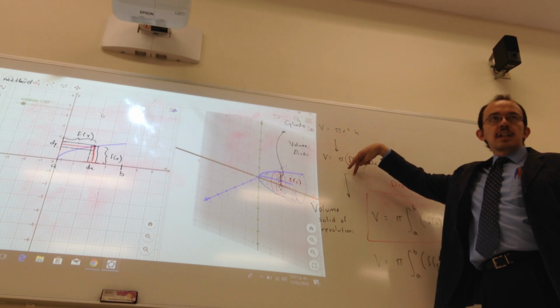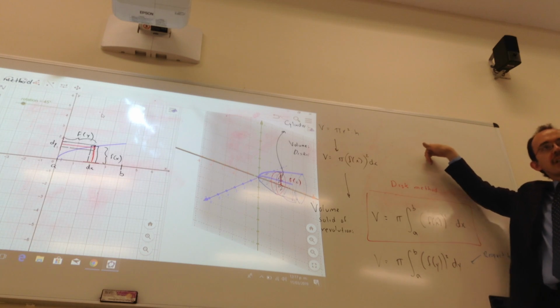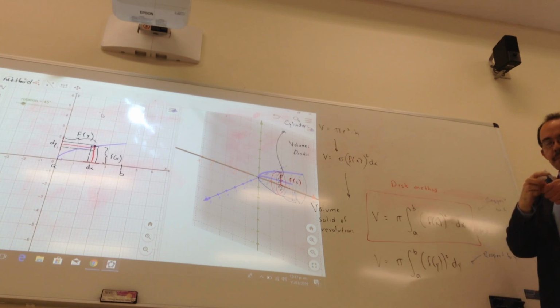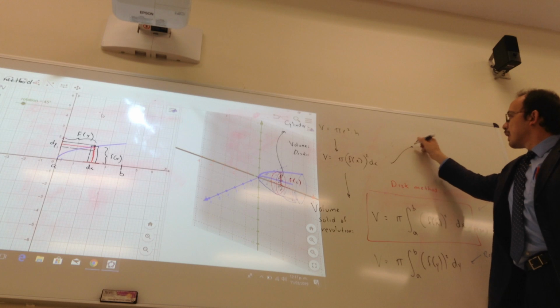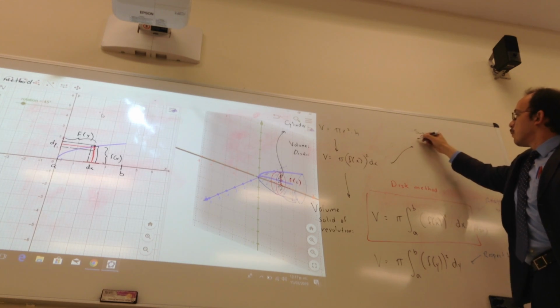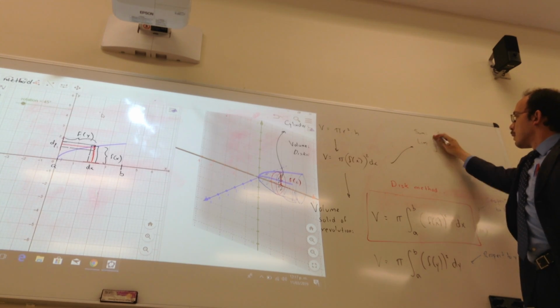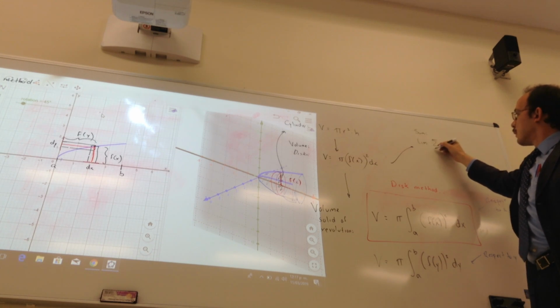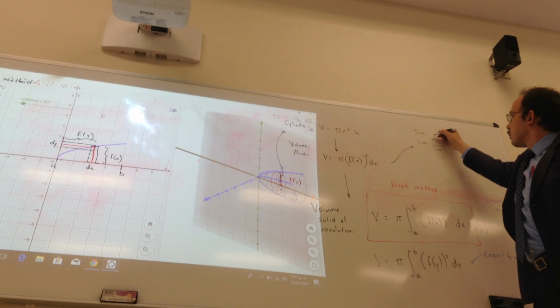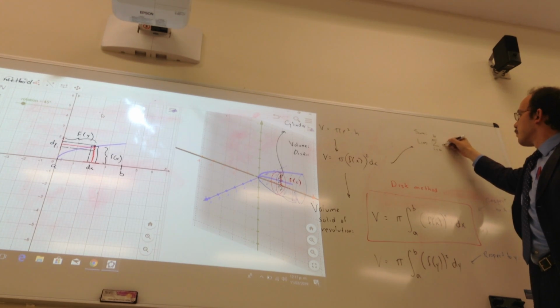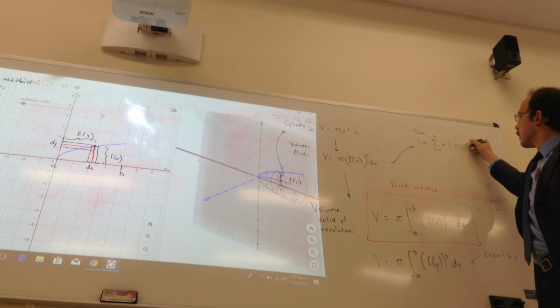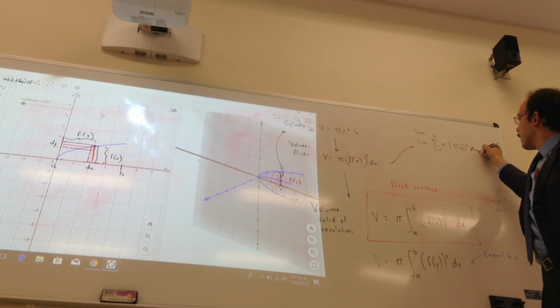But if I were to get all the disks together, I would need to add all of them. Remember? Integral? It would be a limit of the sum from a to b of pi times f of x squared times delta x.